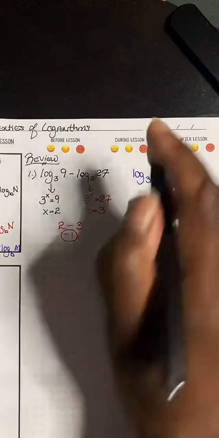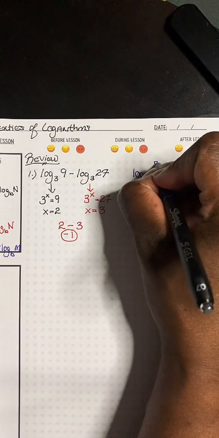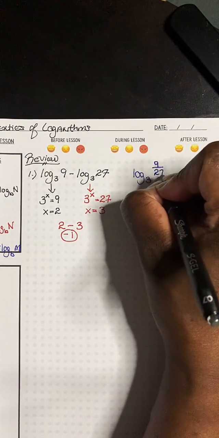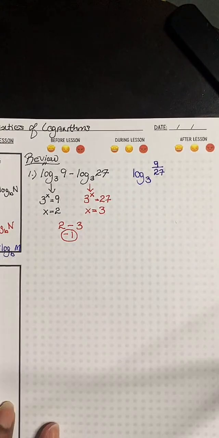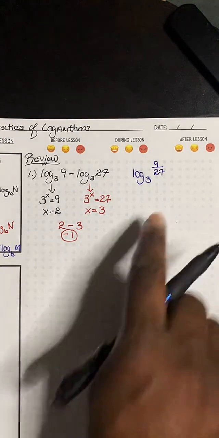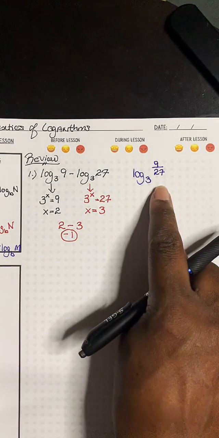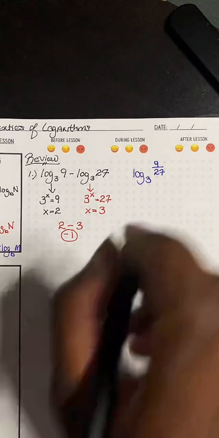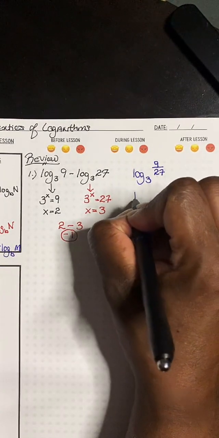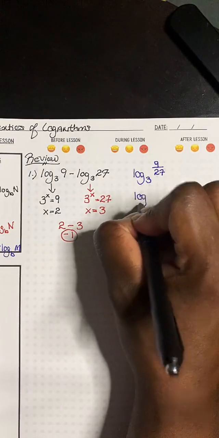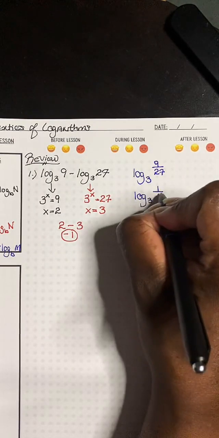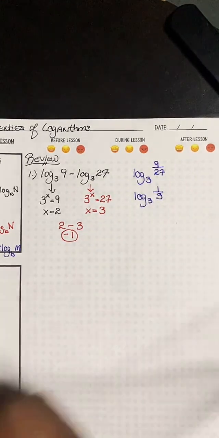So it's going to be my 9 over my 27. Now, we know that 9/27ths can be reduced to 1/3. So we're looking at log base 3 of 1/3.